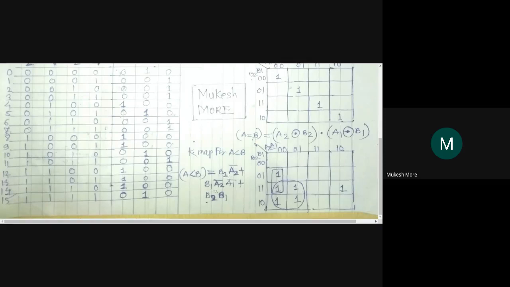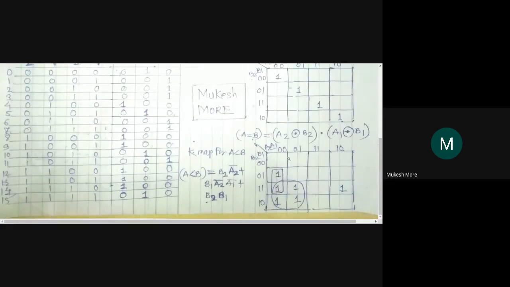Plus the equation for this is B1 A2 bar A1, plus the equation for this one and this one is B2 B1.